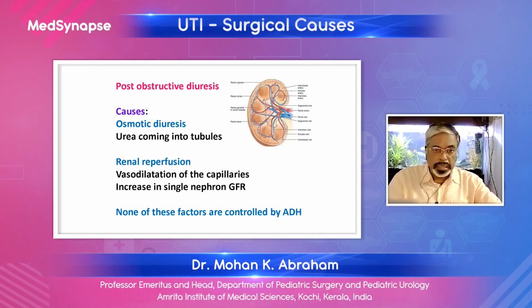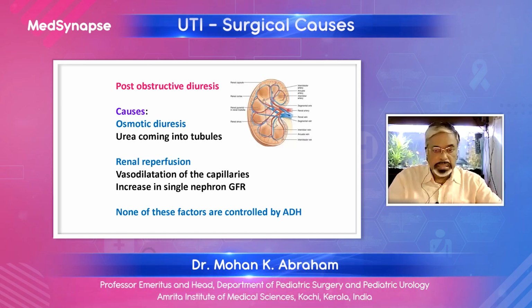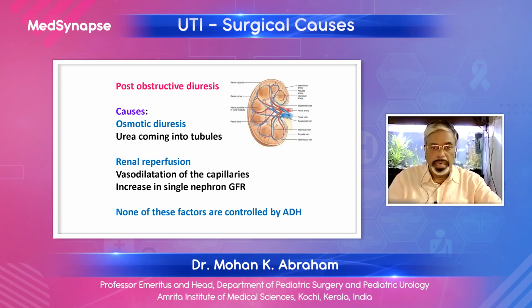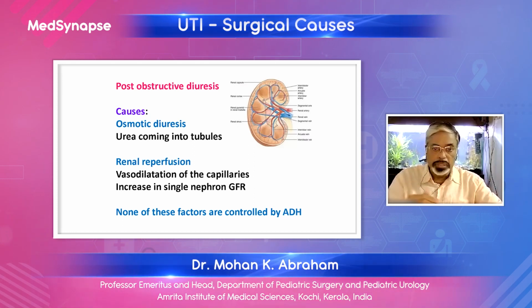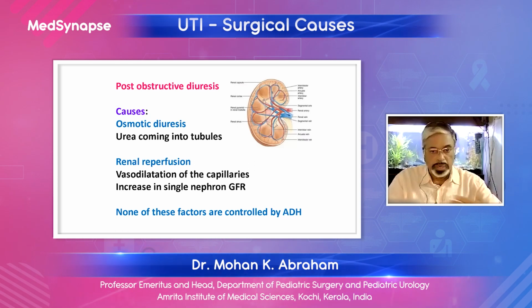Another thing that happens is a renal reperfusion. Because when the child is obstructed, there is high pressure in the calyces, the high pressure in the medulla, and the endocortical areas. So there is obstruction to the afferent and efferent arterioles of the glomeruli. And that reduces the blood flow to the kidney, reduces the urine production. But the moment you put in a catheter, that pressure is taken off and there is a reactive vasodilatation.